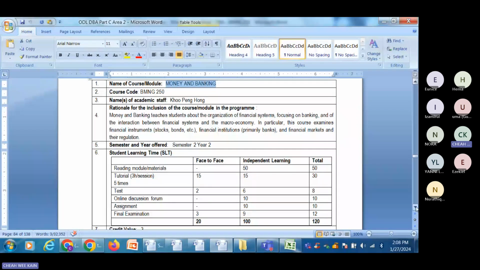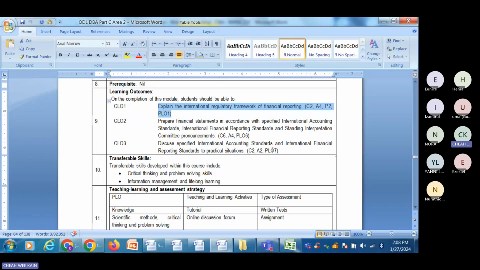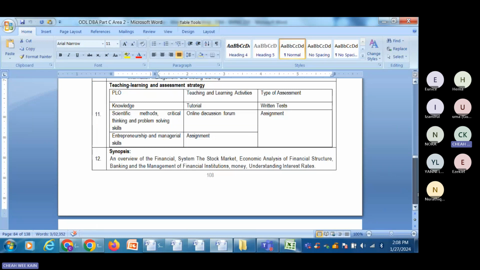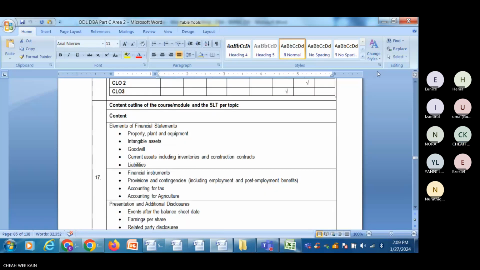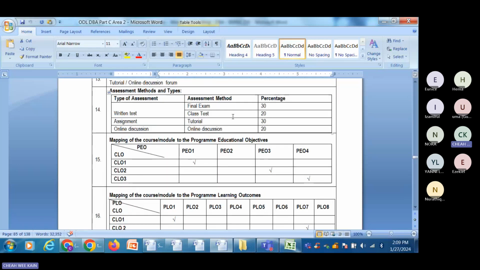What you're supposed to study, this is your course component. It's exactly the same as in the module outline, and this is what is being assessed. Exam 30, class test 20, tutorial 20. It's written down there, so there is no midterm for this subject. Other subjects, I don't know, but for this subject, there is no midterm.